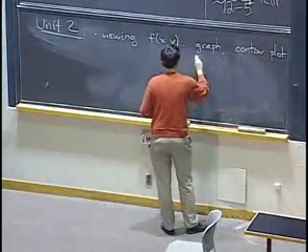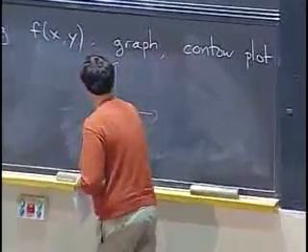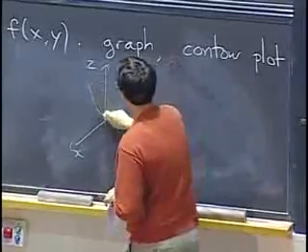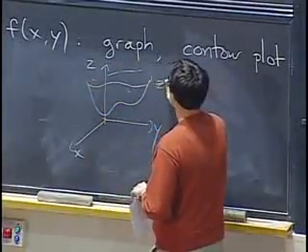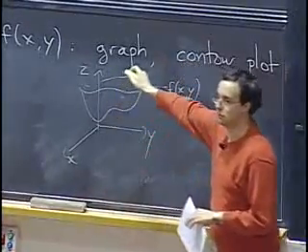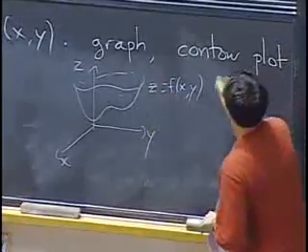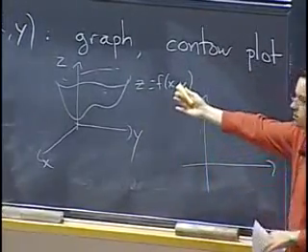So just to remind you very quickly, if I have a function of two variables, x and y, then the graph will be just the surface given by the equation z equals f of x, y. So for each x and y, I plot a point at height given by the value of the function. And then the contour plot will be the topographical map for this graph.